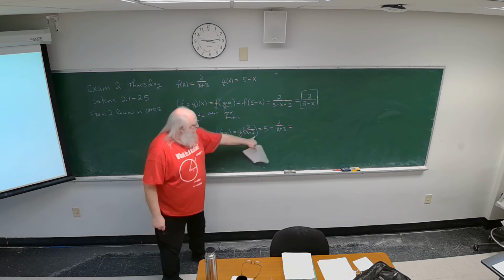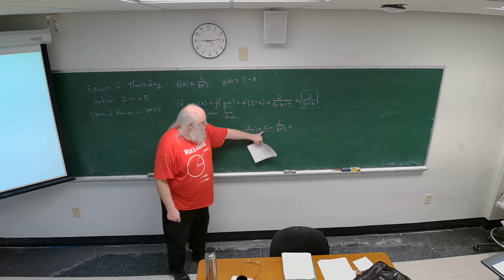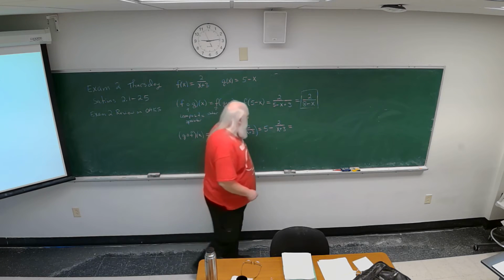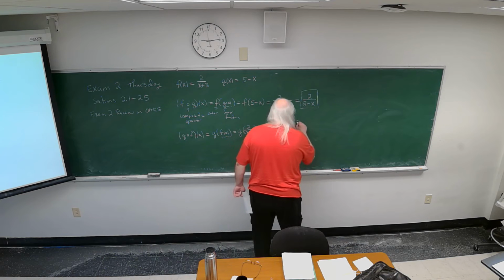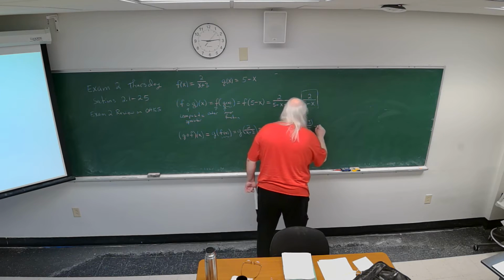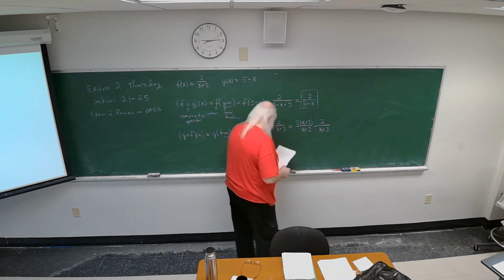And now to simplify this, we've got to have a common denominator, which is x plus 3. So I got to multiply top and bottom of 5 with x plus 3. I have 5 times x plus 3 over x plus 3 minus 2 over x plus 3.